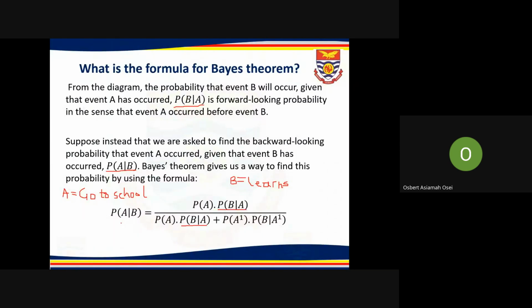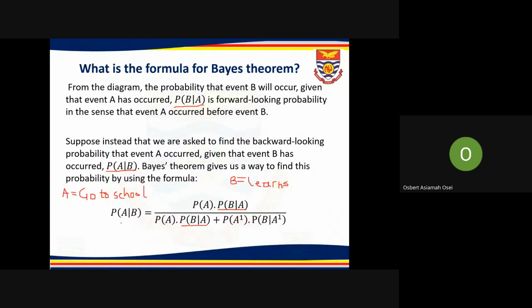So we may want to pay attention to the formula and write it down, so that we will be able to apply it, and you will understand it when we start applying it. Please kindly write the formula down. Do we have it down?